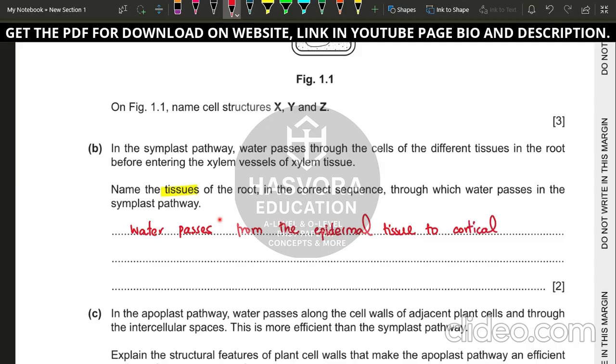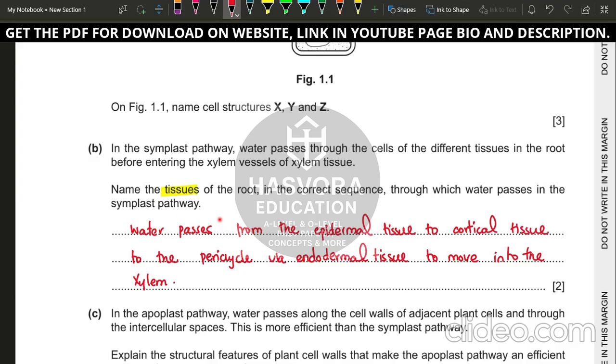You could simply write the cortex cells, but here we have to mention the tissues, and then it moves to the cortical tissue, to the pericycle via endodermal tissue, which actually contains the endodermis. So the endodermal tissue to move into the xylem. Okay, so we have actually just correctly sequenced all of them.